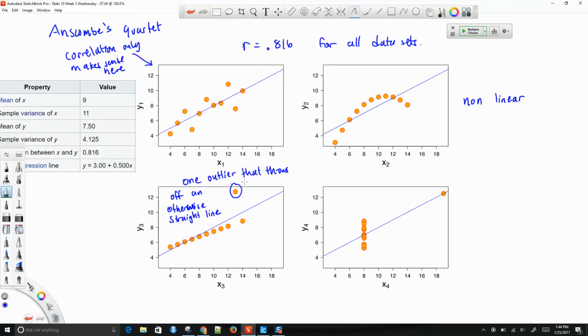Okay, and so you definitely want to investigate the outlier. Perhaps it's a typo, okay? Perhaps whoever was typing in the numbers accidentally hit the wrong key, and that's why you have this thing, okay? We would want to investigate. Maybe it's a real thing, maybe it's a mistake, okay? We don't know. Okay, we should investigate the outlier.